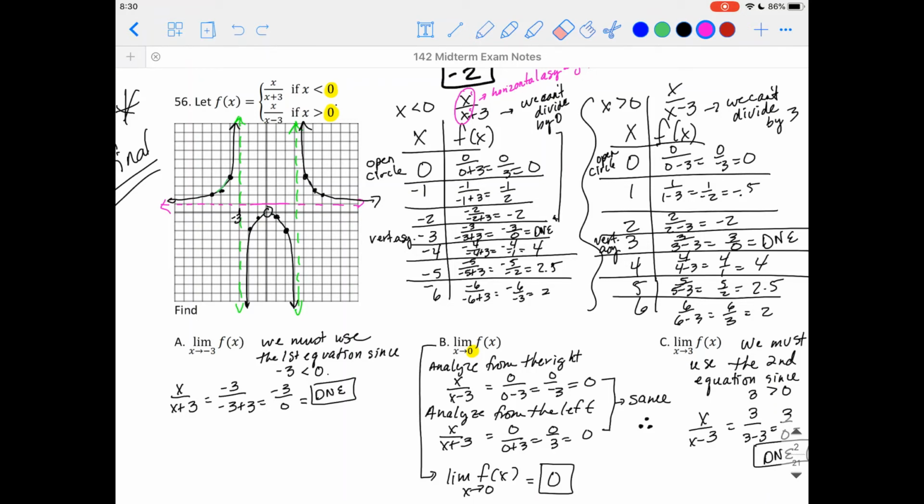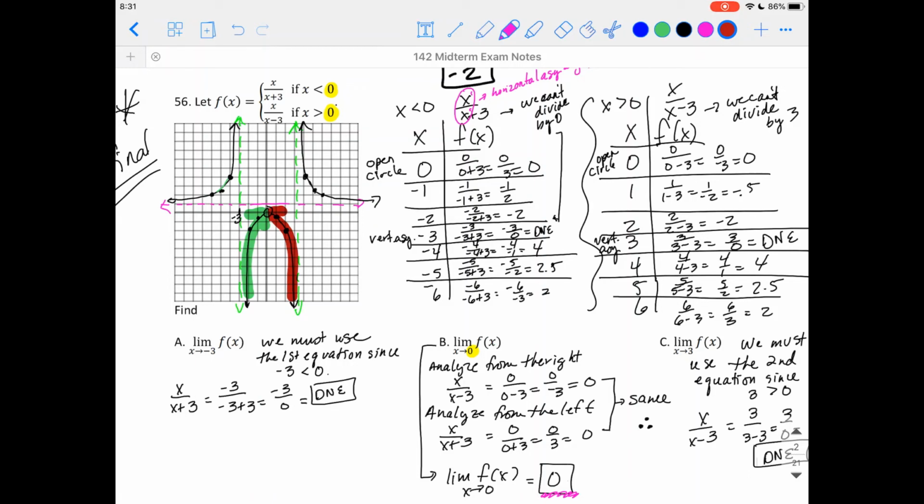So for part B, analyzing from the left and from the right, from the left, I'm headed here, and coming from the right, I'm headed here. So we're merging at the same point. And again, for limits, we're looking for the y value of that point. And the y value of the point is in fact 0. So that's why we got that one. But again, the algebra is definitely much quicker.